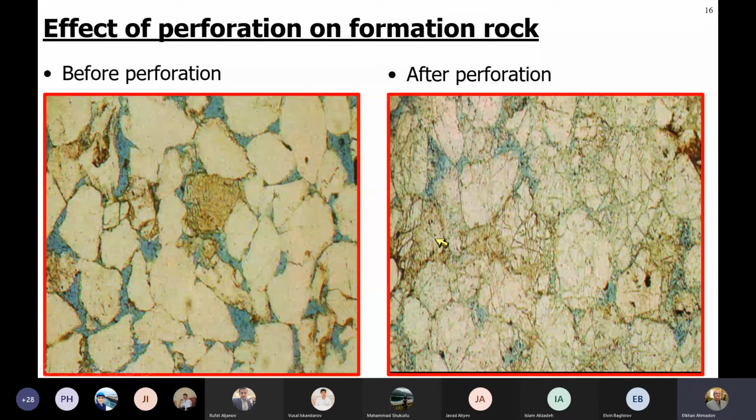Okay, you can see how these grains are damaged, crushed, and they are reducing the permeability very much, and this should be cleaned. The small particles, these fractured particles, should be cleaned from the perforation tunnel.